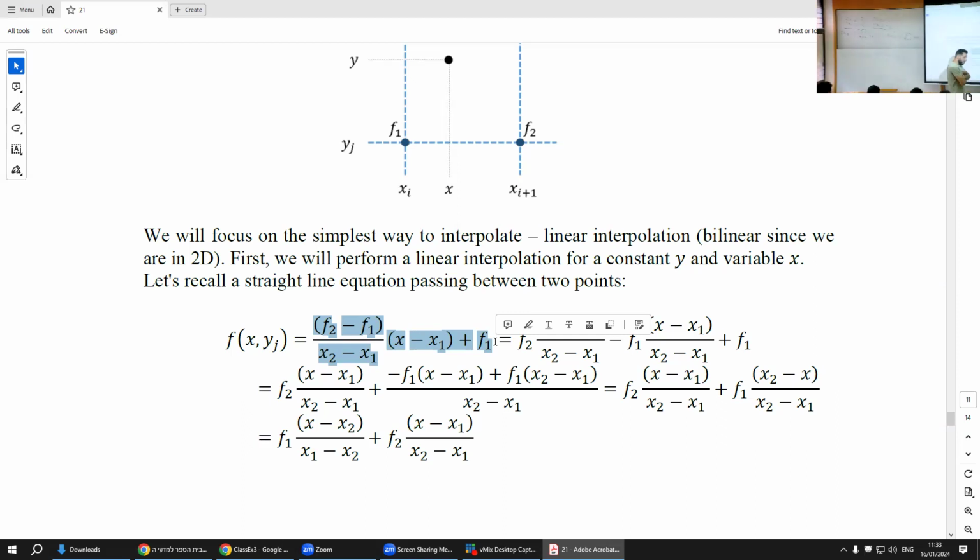Okay, and this function, what is its shape or functional form? How does it look? What terms do we have in this function? We have the term x multiplied by y, and we have x, and we have y, and we have a constant.